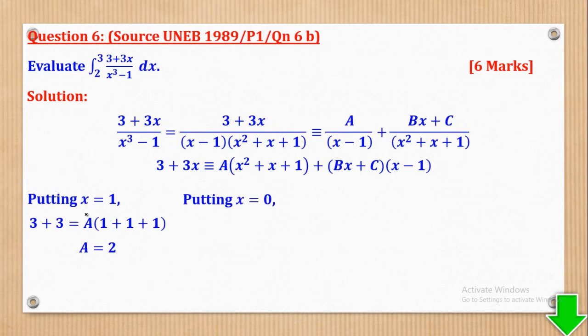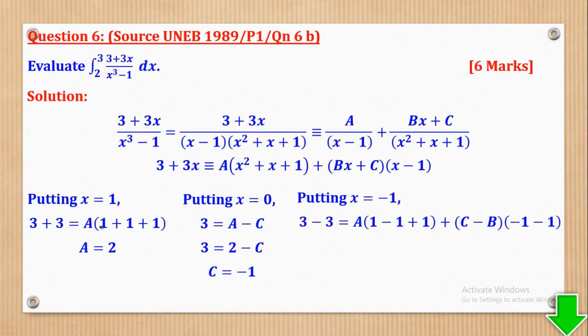Then put also x equal to 0, come up with that. You already know a, so you'll be able to get c. Then put x equal to -1, you come up with that. Therefore you already know a and c, so you can get the value of b. So now I've got a, b and c. I can now get the partial fraction and integrate it.